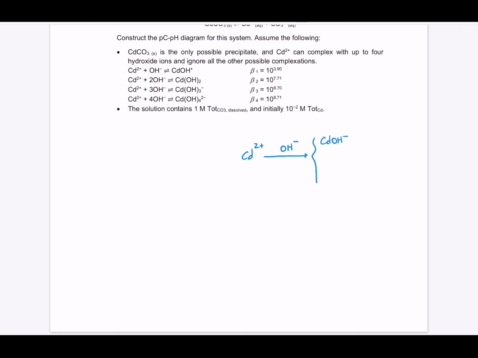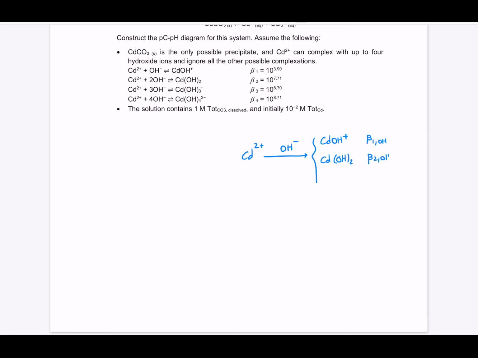Cadmium OH+. Going from cadmium with hydroxide to cadmium OH+, the equilibrium constant would be beta 1 for hydroxide, and so on. Cadmium OH2. This cadmium OH2 is not a precipitate, it's basically a dissolved species.